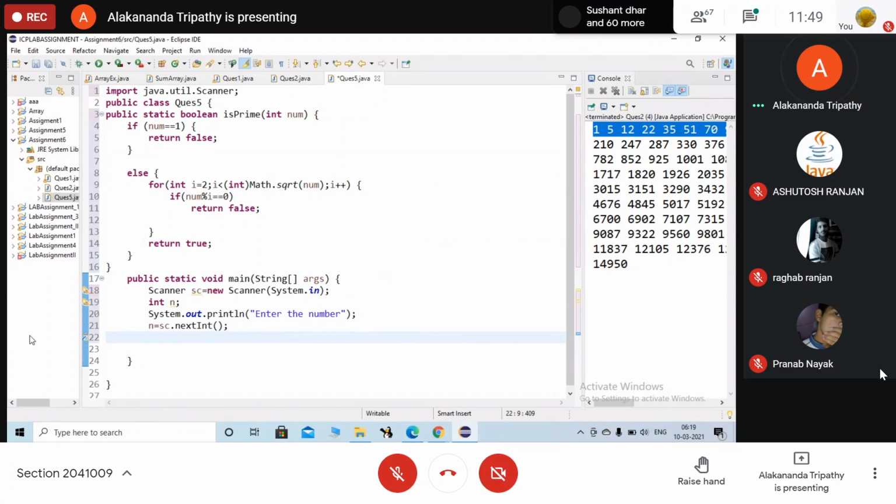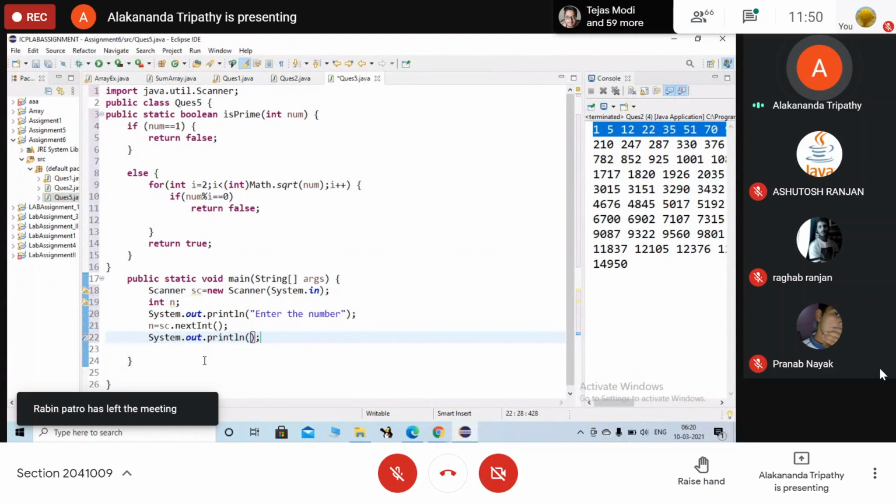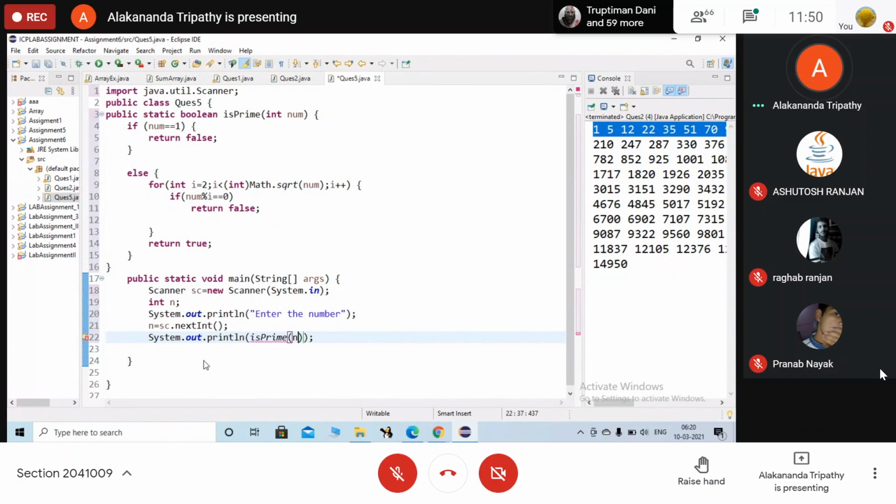Okay. And then we need to check whether it is a prime or not. यहाँ पर क्या पास करोगे? isPrime, put the value. Okay, now run the code.